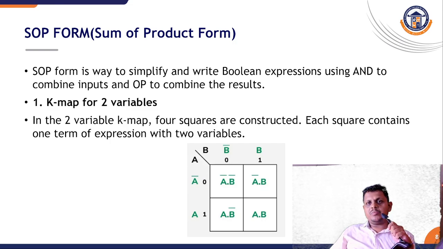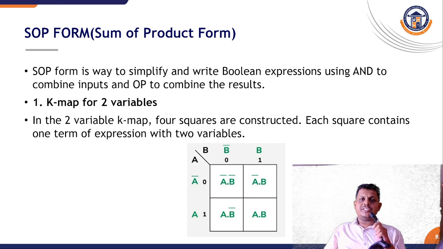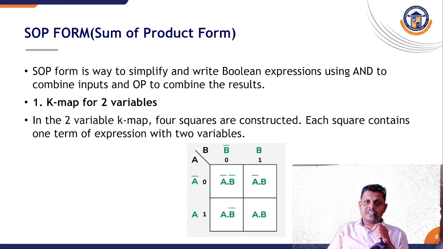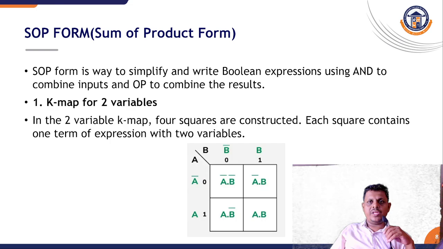Kmap for two variables. So this is the Kmap for two variables table. In the two variables Kmap, four squares are constructed. Each square contains one term of the expression within two variables. So that is the two variable Kmap.